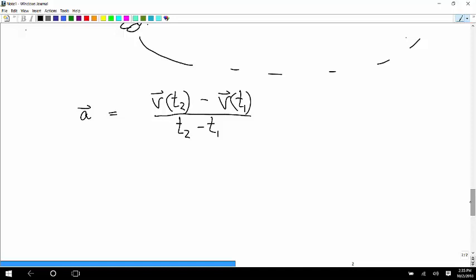And again, we don't have to differentiate in this class between average and instantaneous acceleration because we're only doing constant acceleration, so they mean the same thing.